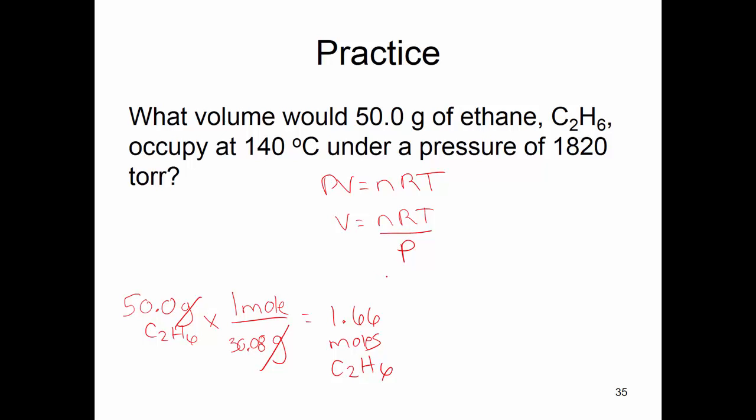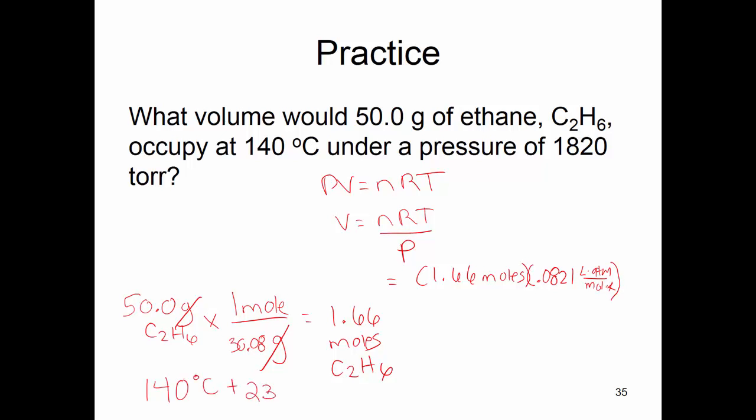Let's go ahead and plug that in. R is 0.0821 liters atm per mole Kelvin. That's our constant.